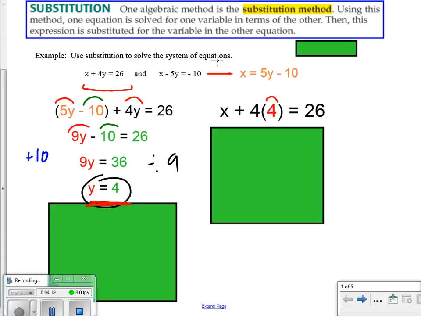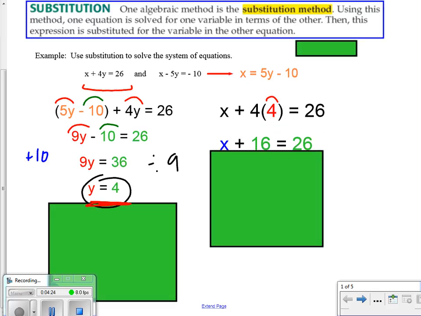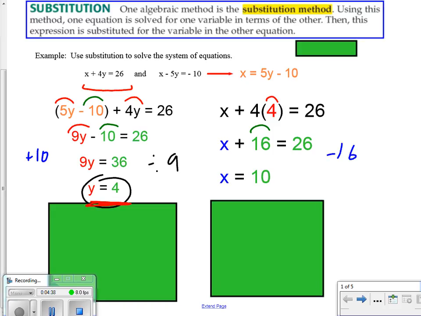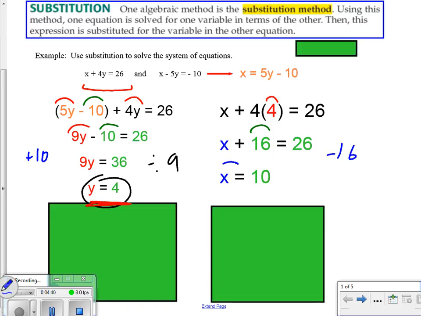So x plus 4 times 4 equals 26. Simplifying that 4 times 4, it just becomes the constant 16. So we have our x term alone, x plus 16 equals 26. Probably guessed it, we're going to subtract 16 from both sides. So we would say x equals 10.